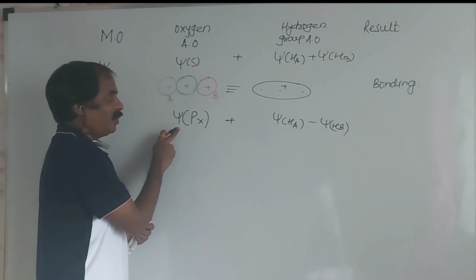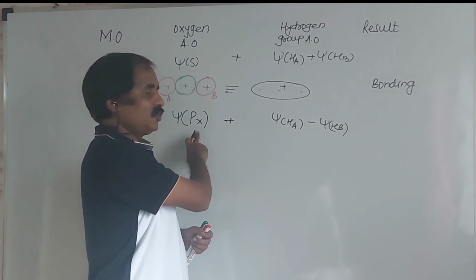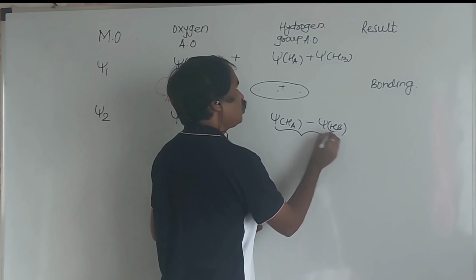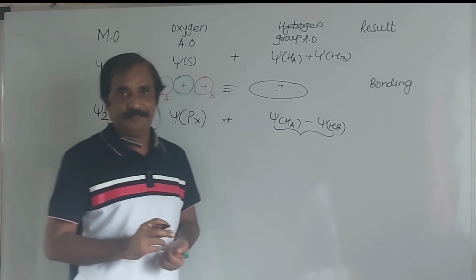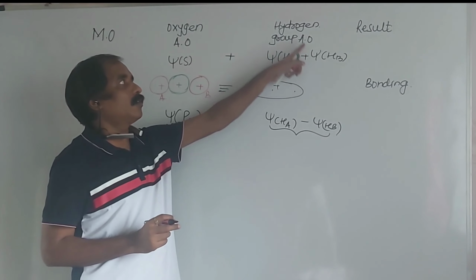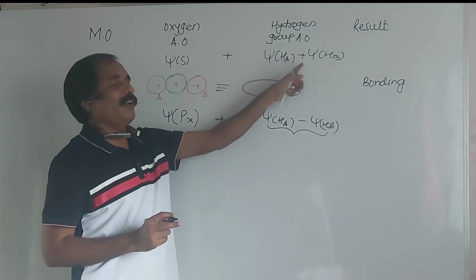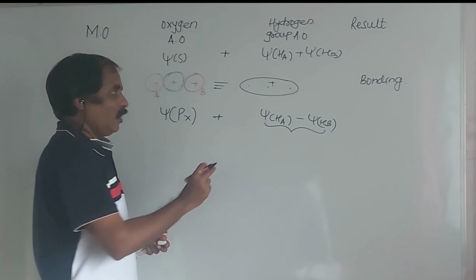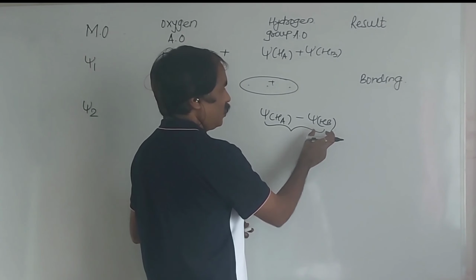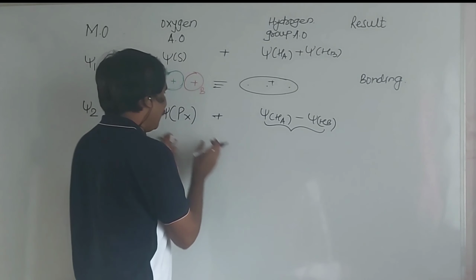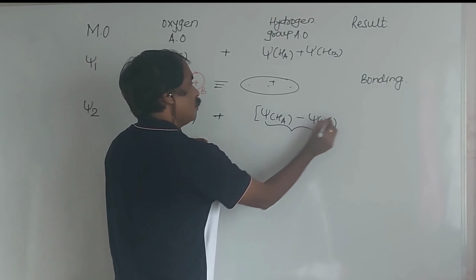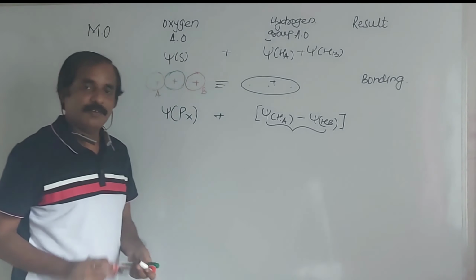Here a positive wave function of Px or a negative wave function of Px, but here is the subtraction of the two hydrogen atoms. Here it is the group atomic orbitals of H2, exactly the same, but here I have taken one positive and one negative. Now the addition of the wave function of this Px with this group, what is the result?